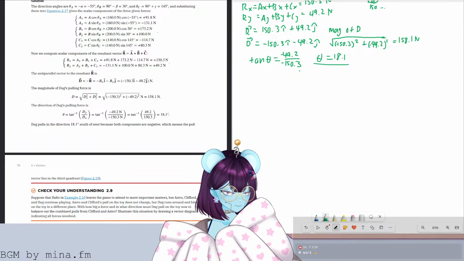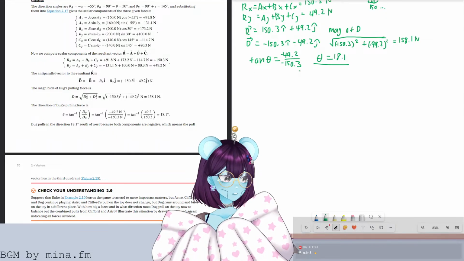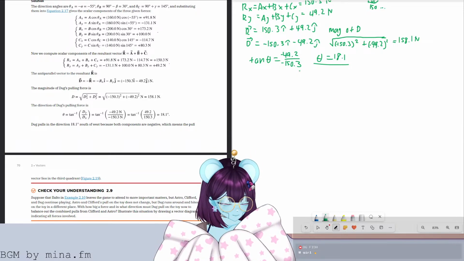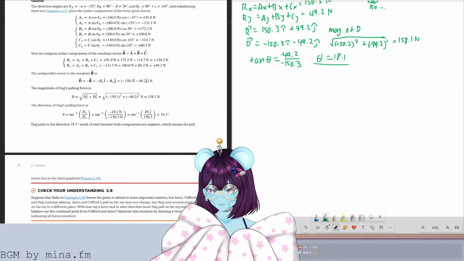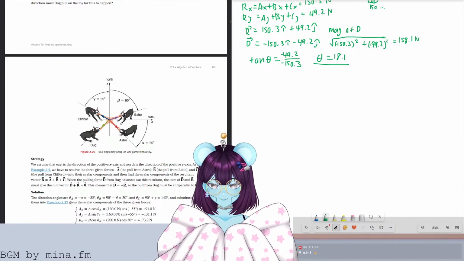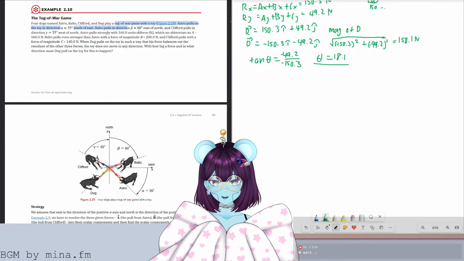Is it often with direction? Because my studies have been degrees and clockwise or counterclockwise. The way that they wrote out this equation was with direction, because they just had a bunch of dogs pulling rope, a four-way tug-of-war game in different directions.